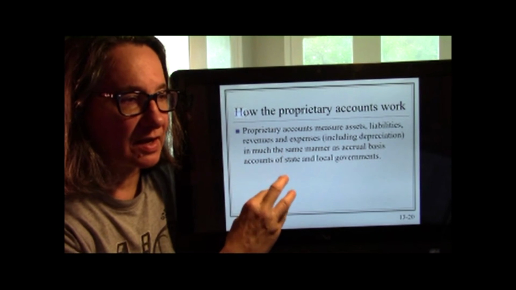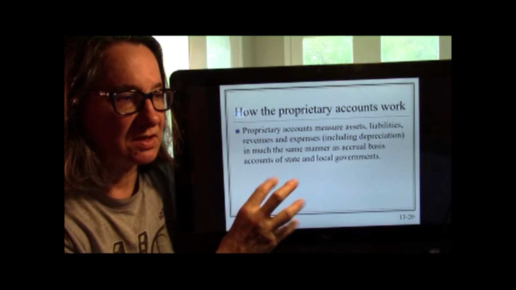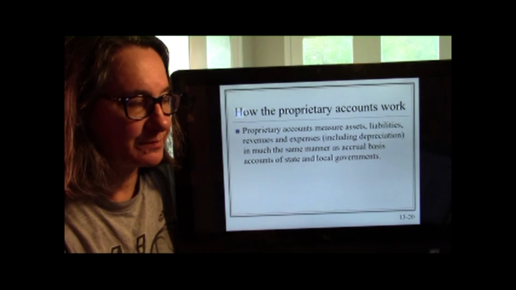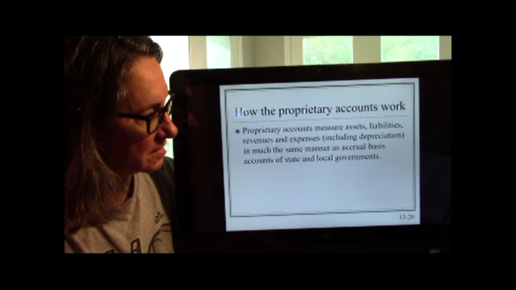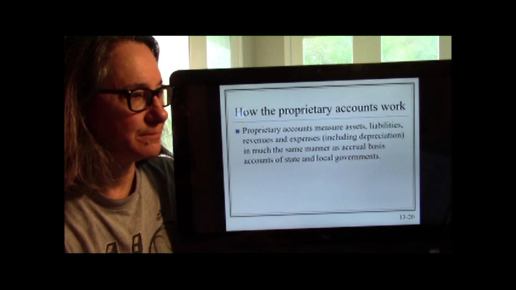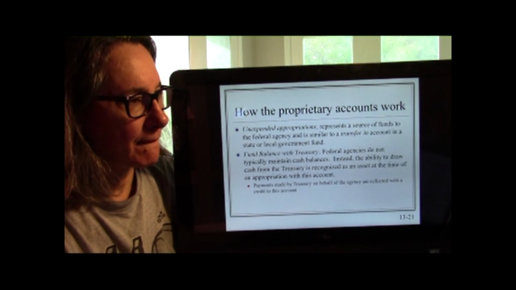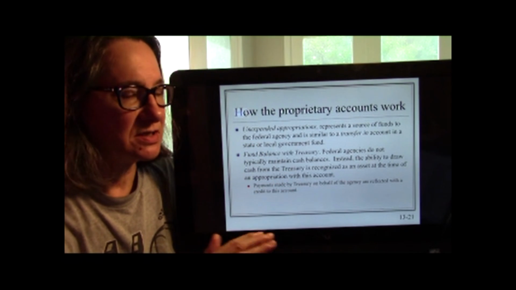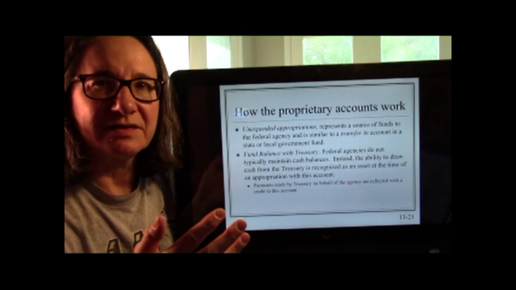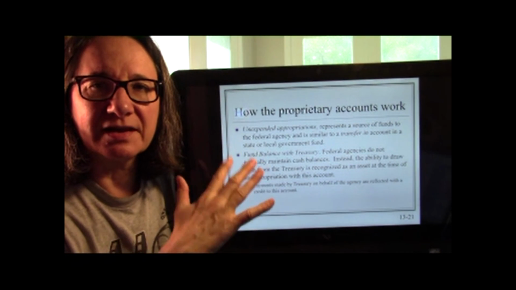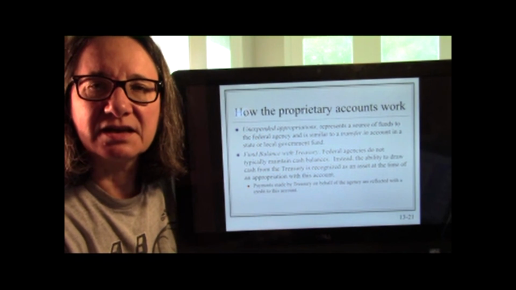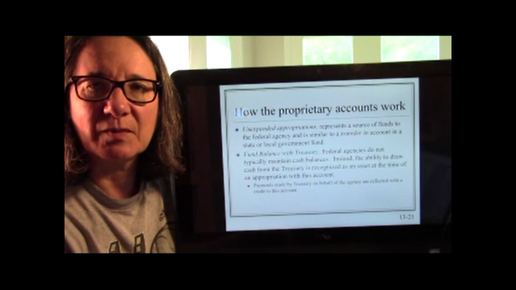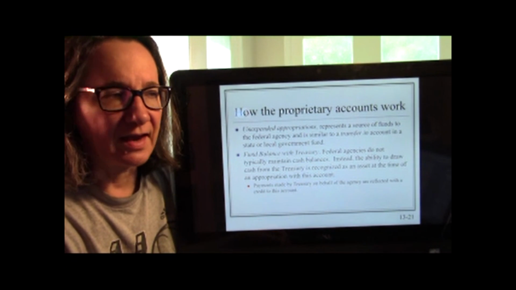It's on balance with the Treasury, and they draw it at the time that they're going to pay for what they've expended. So unexpended appropriations and a fund balance at the Treasury. There is a cash account, but it's not really like you would think of cash. It's just staying at the Treasury Department, keeping control over that cash.